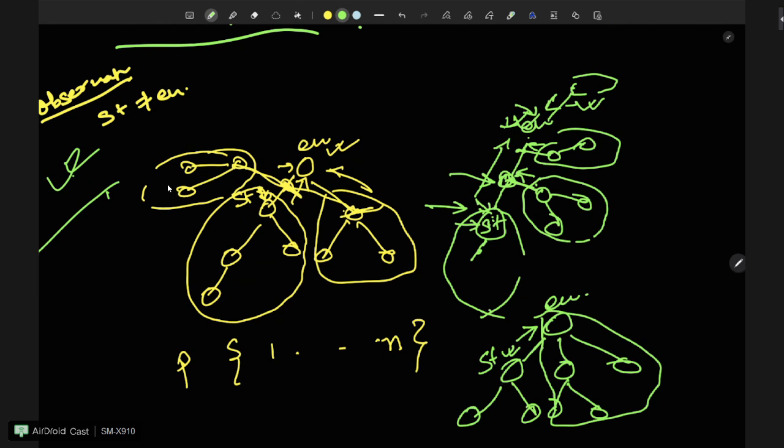So the purpose of the visited array is that we need not visit this below subtree again, and we have to pass the parent so that it doesn't go up towards the EN direction.